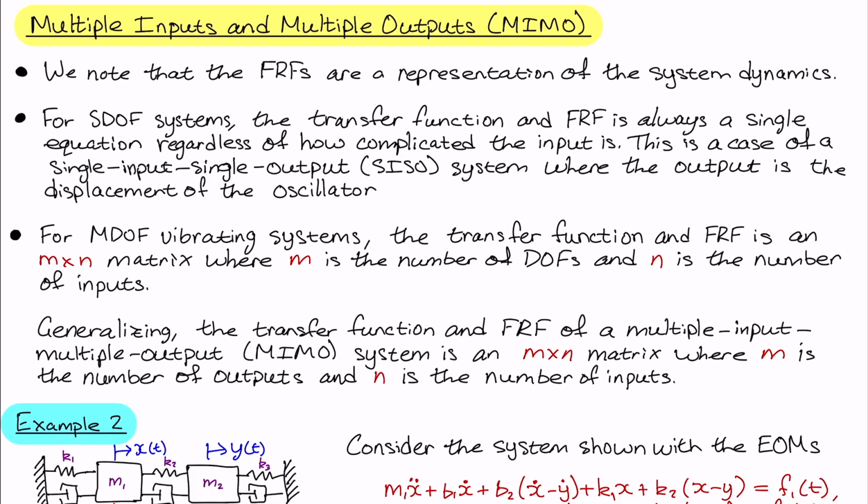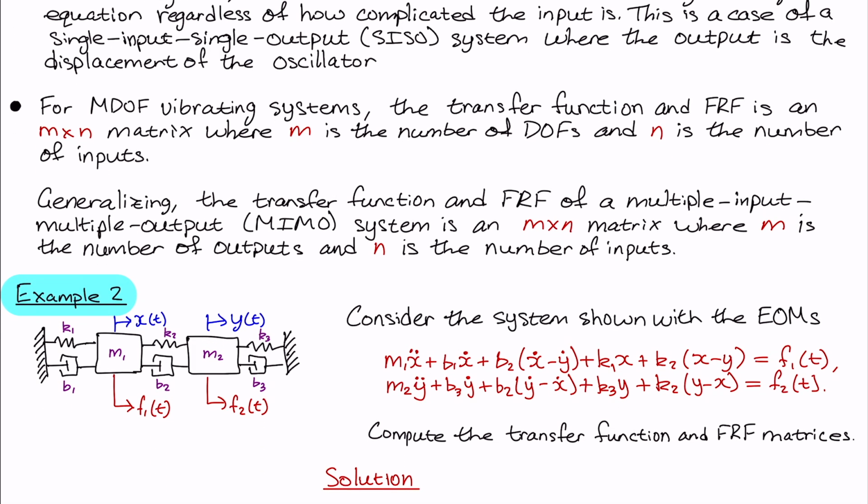With that being said, we're going to consider another example. We're actually going to look at two examples. The first will be for an MDOF vibrating system, and the second one is a system in state space form with outputs as well.